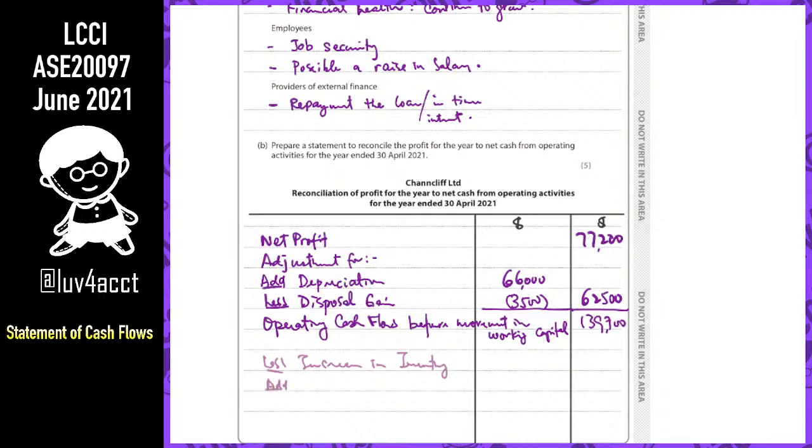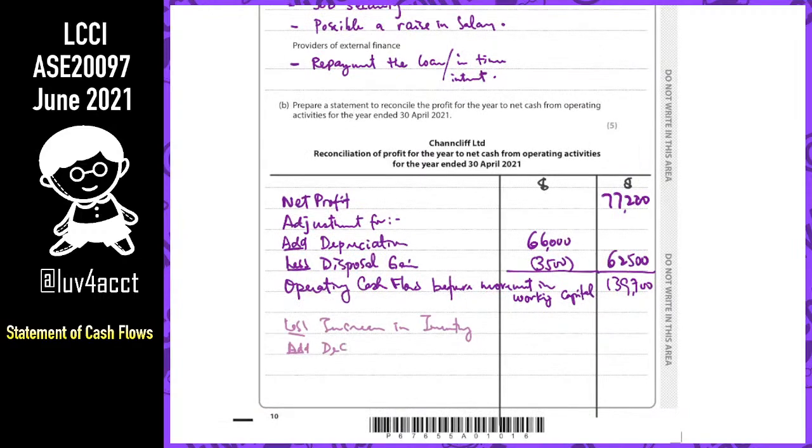Add decrease in trade receivables. Less decrease in trade payables. No interest, no cash given to you.